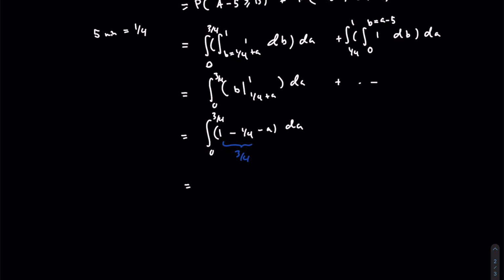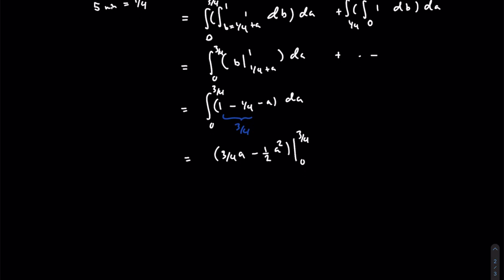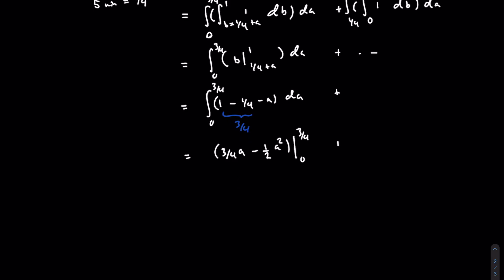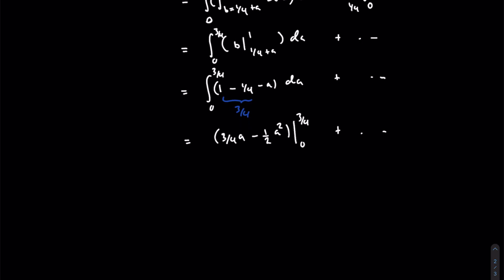So we're going to then take 3/4 A minus half A squared. Just taking the integral now, from 0 to 3/4. These are just continuing on, like so.